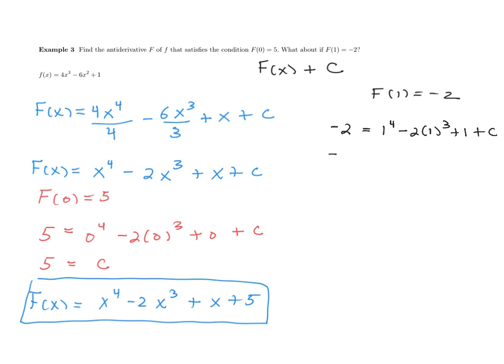If we simplify this, okay, negative 2 is equal to 1 minus 2 plus 1 plus c. So negative 2 is equal to, we get 2 minus 2, which is 0, and that gives us c is equal to negative 2. Okay, the answer for this one is, the antiderivative is capital F of x is x to the fourth minus 2x cubed plus x minus 2.